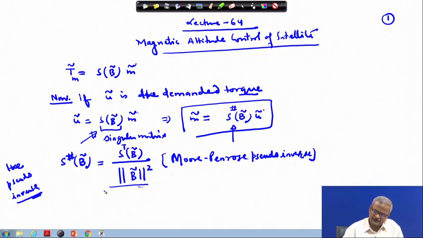Now, if we use this to write m tilde, this becomes S transpose b tilde divided by b tilde magnitude square, and then u tilde.